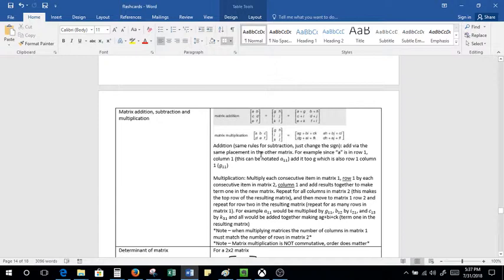Also, when you talk about the location within the matrices, we can also refer to it as subscript row, subscript column. So if you have A11, that would refer to row 1, column 1.